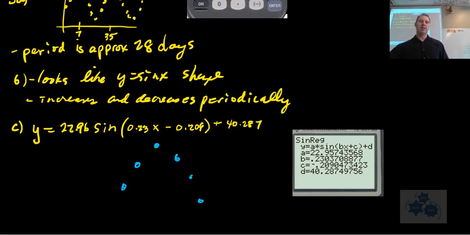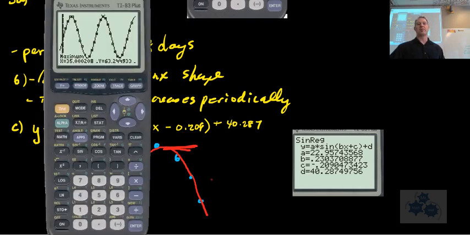And the regression function may look something like this. It's a calculated function. It goes through most points, but not necessarily all the points. So what we've done is actually we've calculated the maximum point of our graph, right? Which, according to the graph, the maximum value is 63.2.